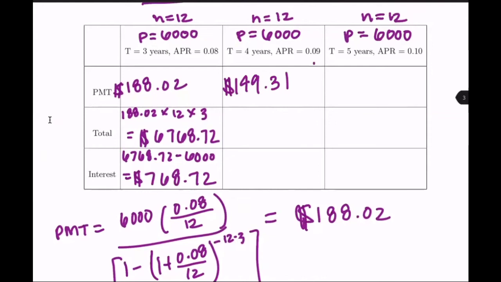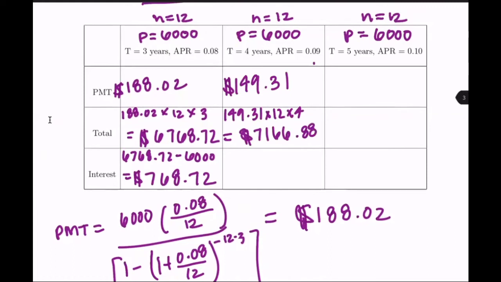So then to find the total amount that you are going to owe, you are going to do the 149.31 times 12 because you're paying every month, multiplied by 4 because you're paying for 4 years, and that is going to be equal to 7,166.88. All right.